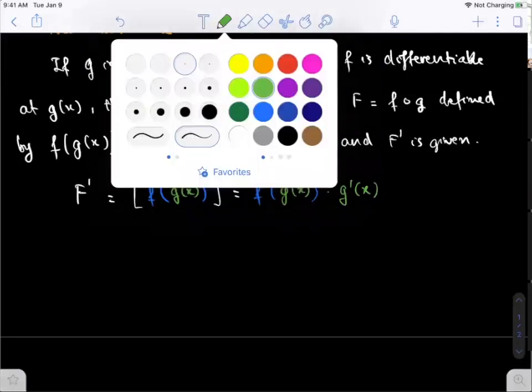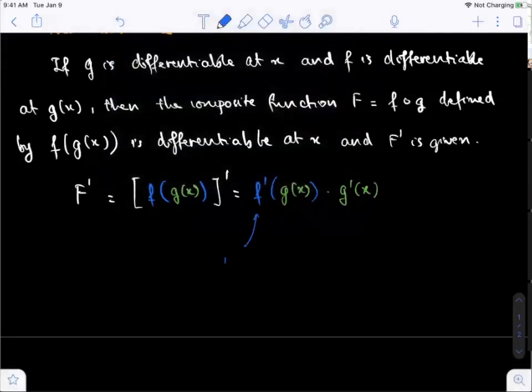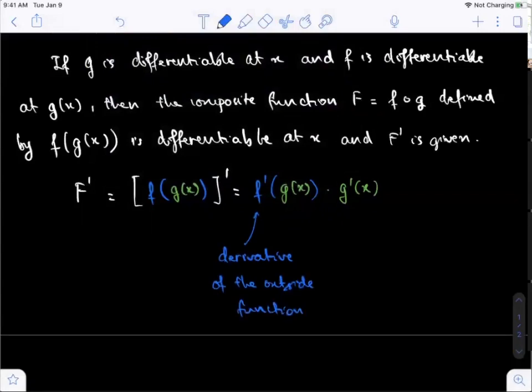Right, f is the outer function and g is the inner function. I want to note here, you take the derivative of the outside function and you multiply with the derivative of the inside function. So that's basically the chain rule.